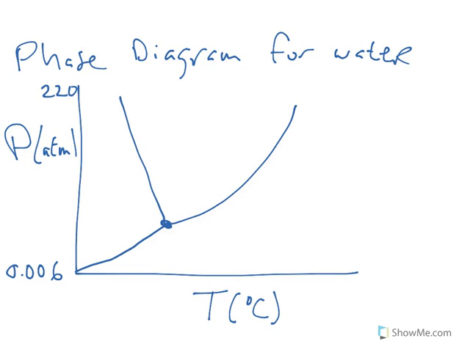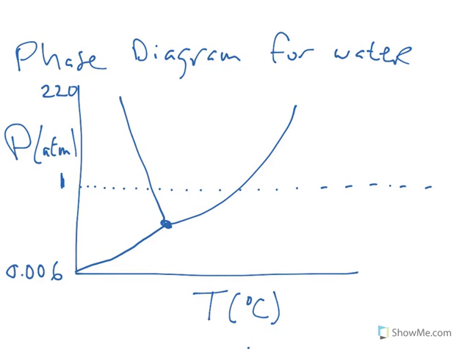This is not going to be to scale, by the way. So at 1 atmosphere, which is a special one because that is atmospheric pressure, I'm going to extrapolate it across.